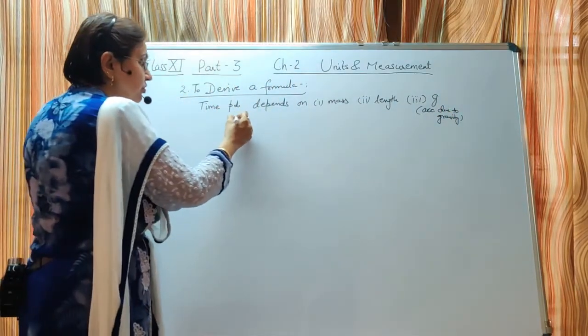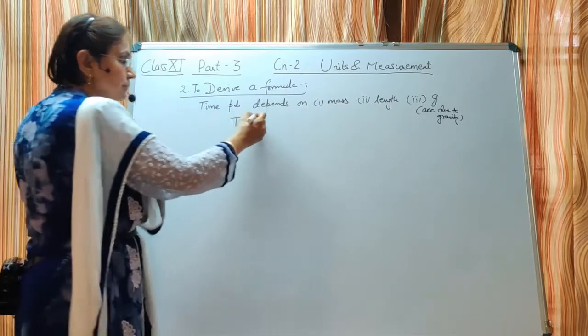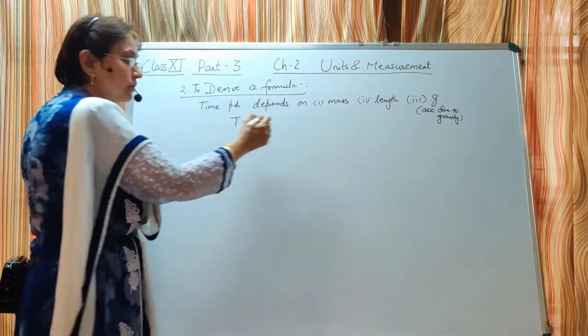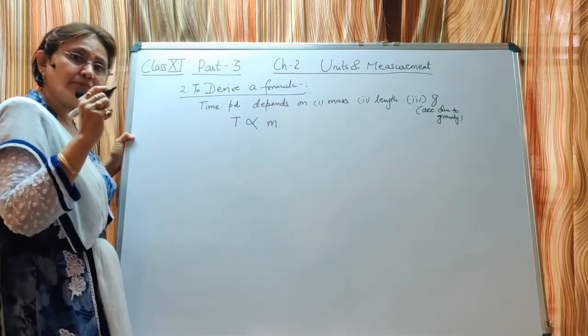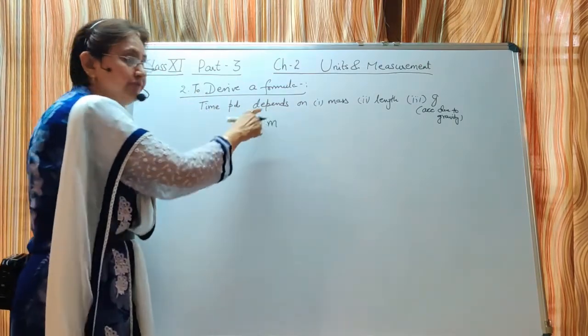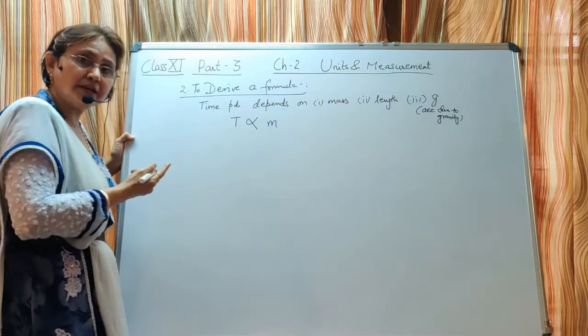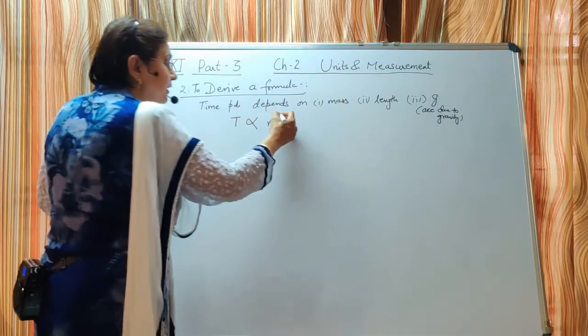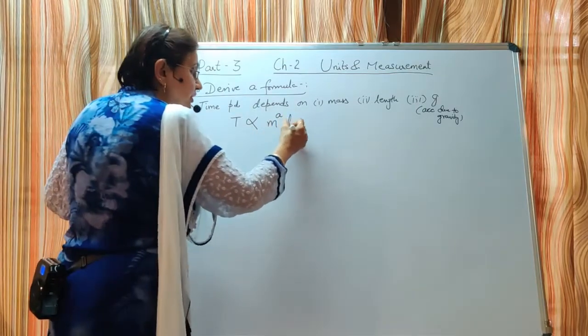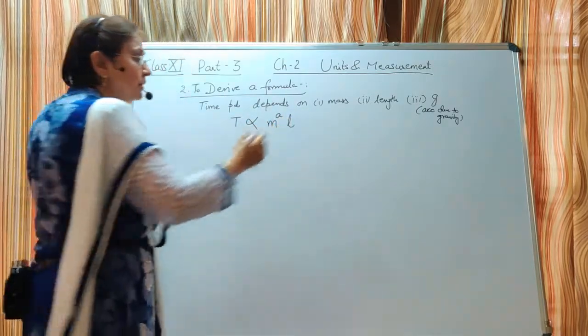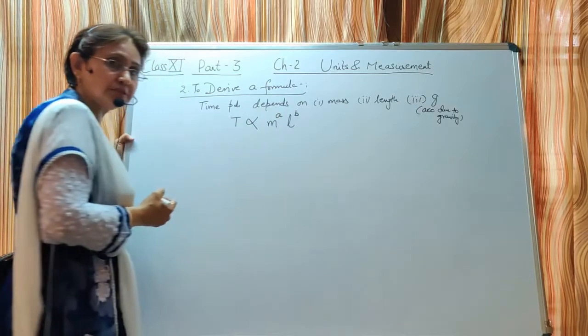The time period. So the time period T depends upon mass raised to some power which we have to determine. If we know the power of m, then we can find the formula of time period. Let m be raised to the power a. It also depends upon the length of the pendulum; let its power be b.